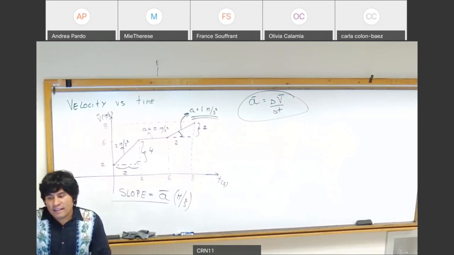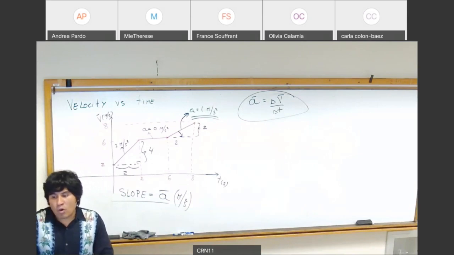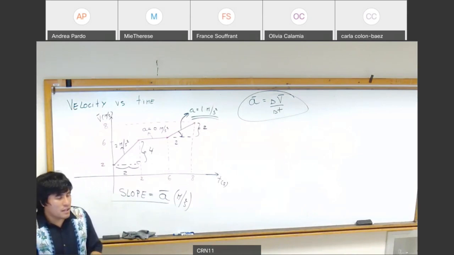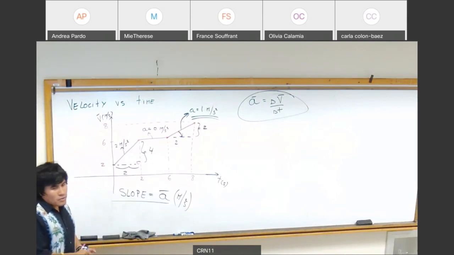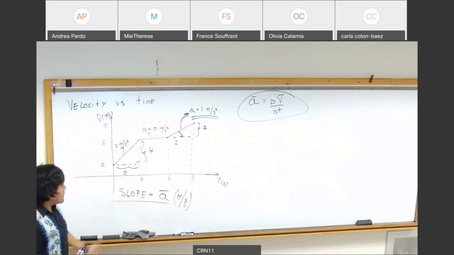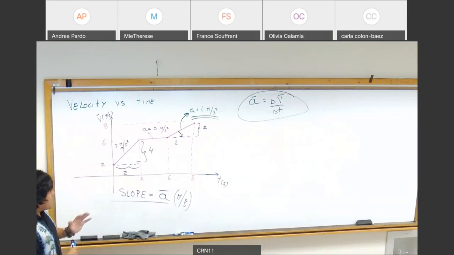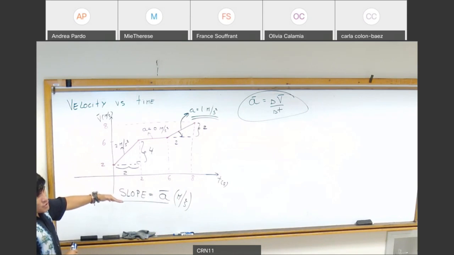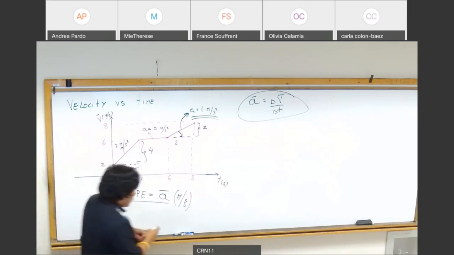If you start seeing negative, like going below the x-axis, that's when you start seeing negative areas, and that's when the car or the object is moving to the left. But for now, don't worry about it. This is a more basic example, and I think the general idea is that in the velocity versus time graph, you can get acceleration and the area under the curve.